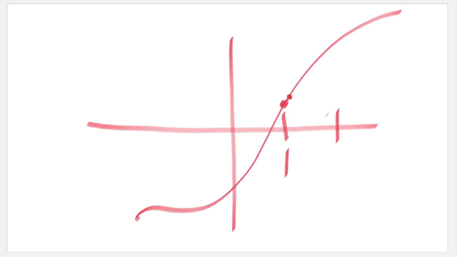Your 1 minus is over here, this one is 1 minus, and this one is your 1 plus. So this part of the graph is 1 plus, and this part of the graph is 1 minus. So I hope you understand the two-sided limits.